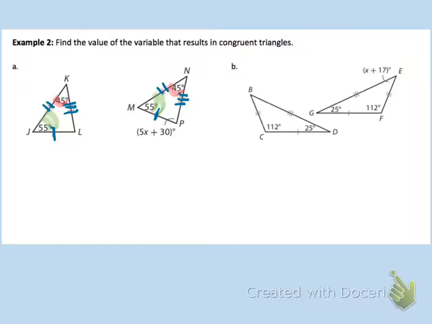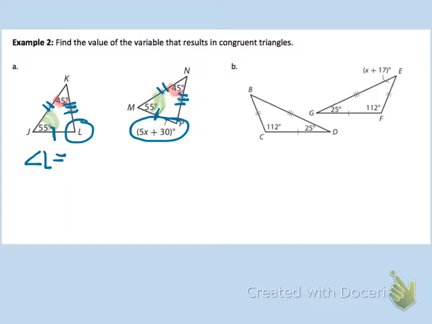So in order for the triangles to be congruent, this third pair of angles would have to be the same. Now this one is labeled as 5x plus 30, but this one isn't labeled at all. But in fact, I know that angle L has to be the rest of 180 degrees. Remember, the 3 angles in a triangle add up to 180.